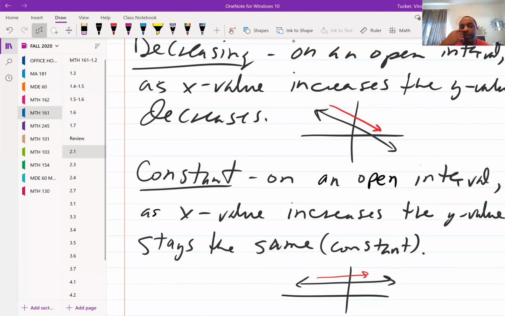All right, so for constant, as the x value increases, the y value stays the same, or stays constant.